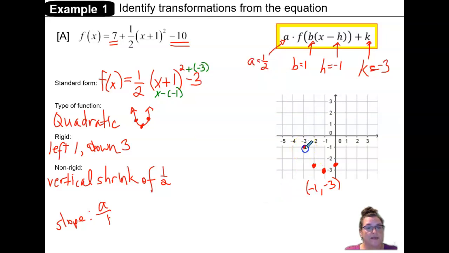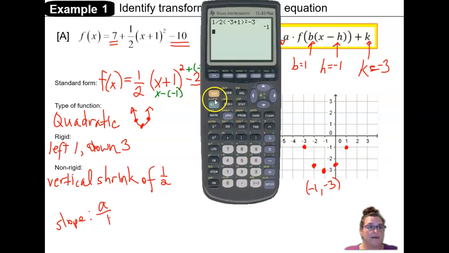So I'm going to plot that point here at -3, -1. Because parabolas have symmetry, I can reflect that point over the axis of symmetry through the vertex, and that means 1, -1 would also be a point on this graph. Okay, and if I hit second enter on the calculator, that retypes what I had.